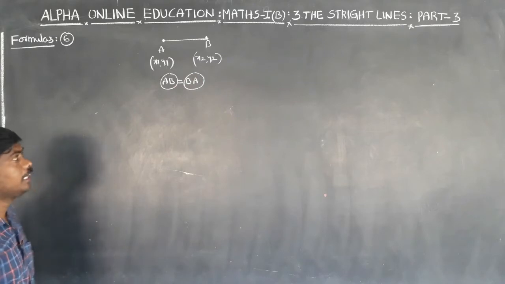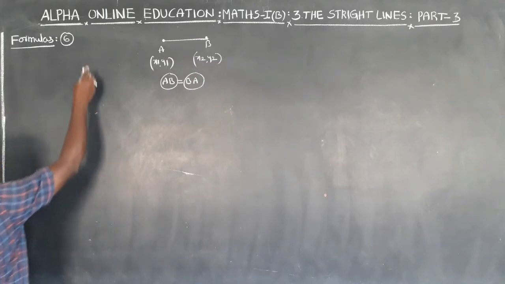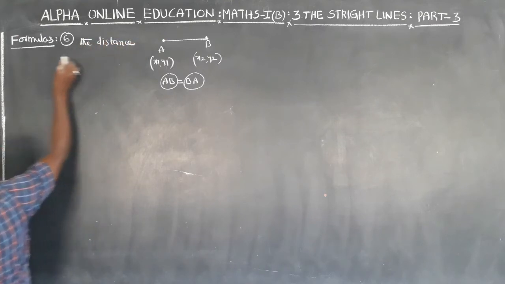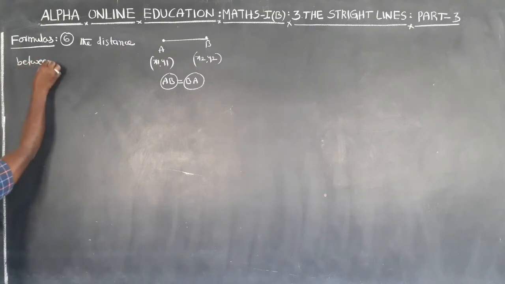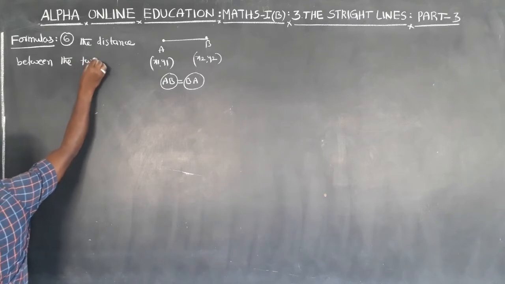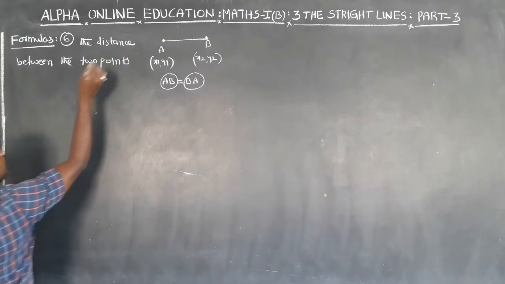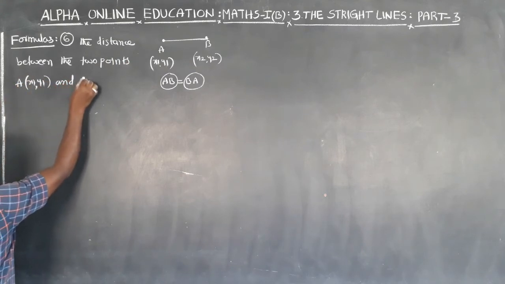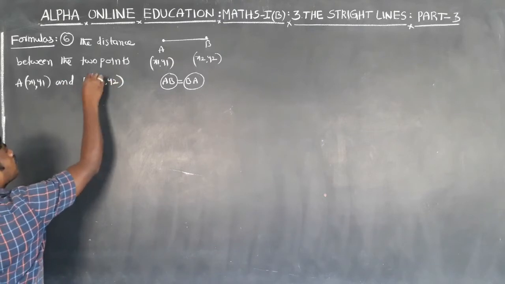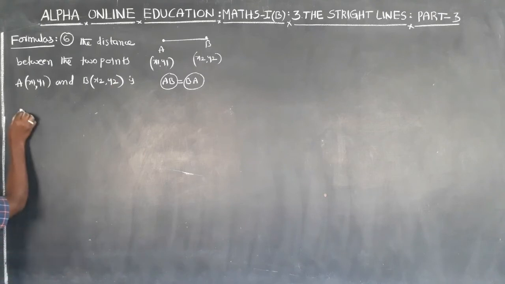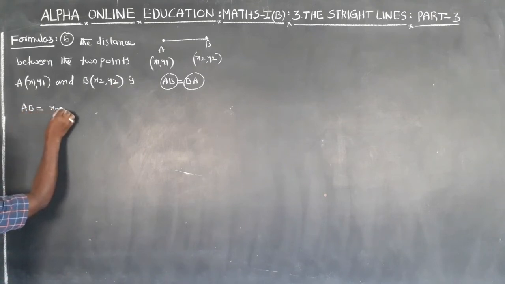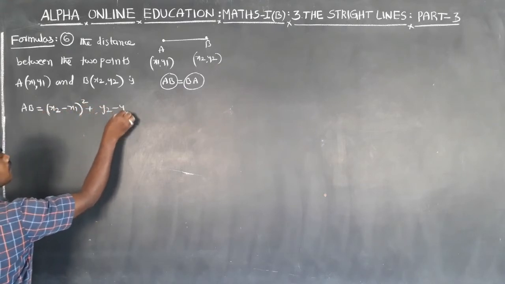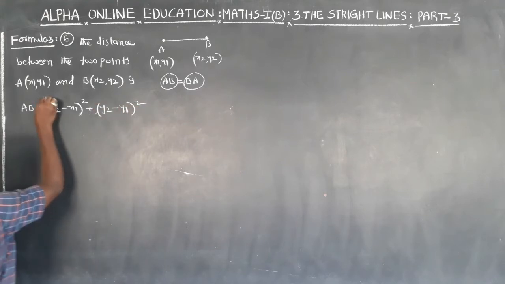The distance between the 2 points A (x1, y1) and B (x2, y2) is AB equals under root of (x2 minus x1) whole square plus (y2 minus y1) whole square.